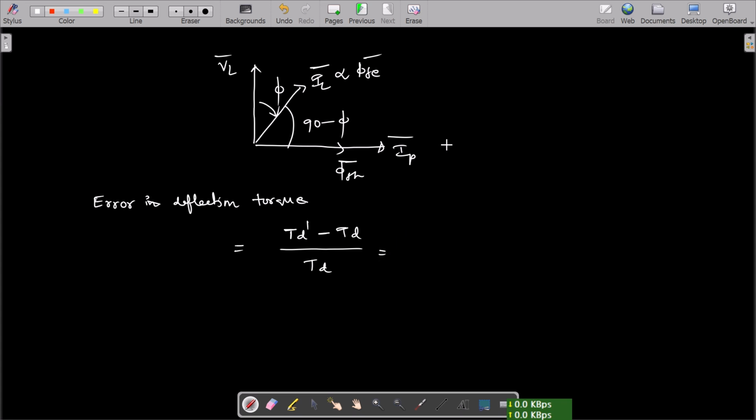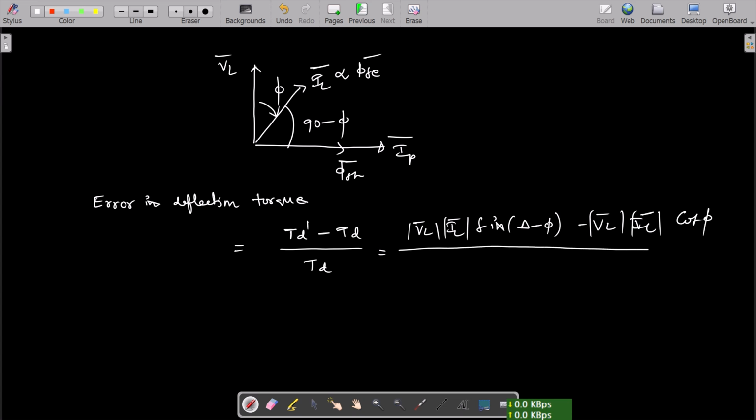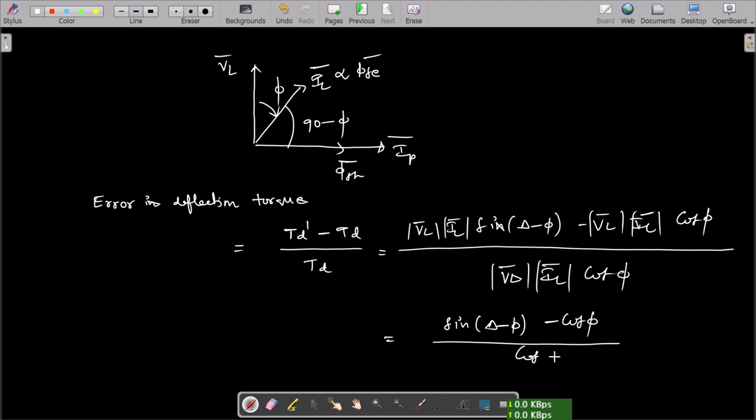What we are going to get is VL bar IL bar sine of delta minus phi, minus VL IL magnitudes, RMS values both, cos phi, divided by VL IL cos phi. So the error is sine of delta minus phi divided by cos phi, minus 1. This is the error in deflecting torque.